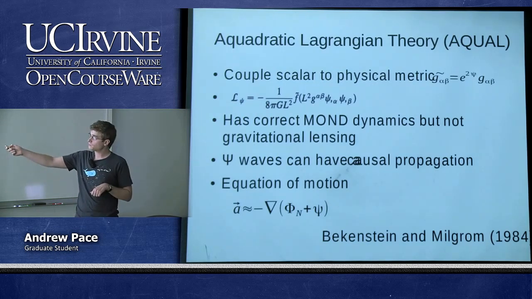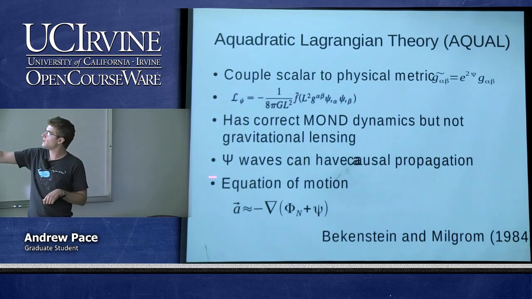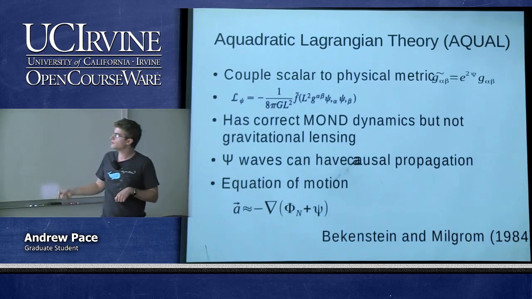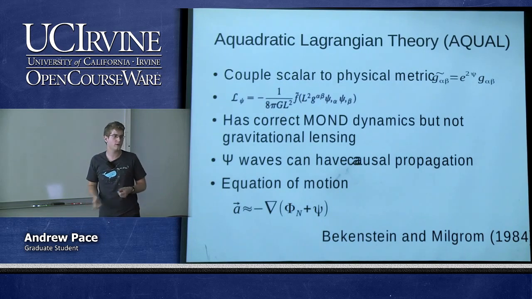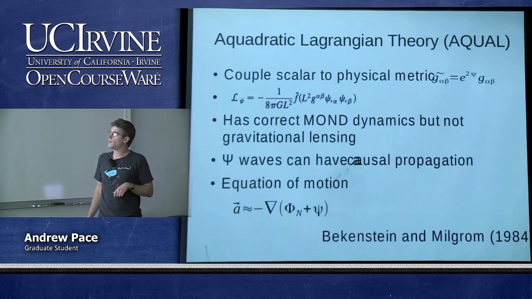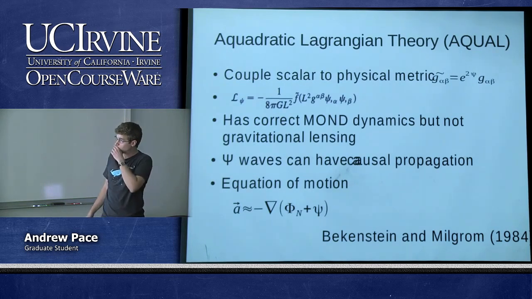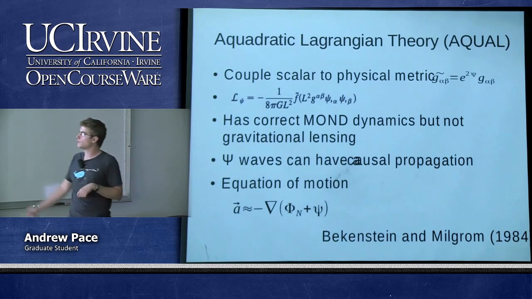And this theory as written down doesn't solve that. The next problem is that your scalar waves here have acausal propagation, so they will usually propagate faster than the speed of light, and that's a big problem. So this theory as it's written down is ruled out because of that.